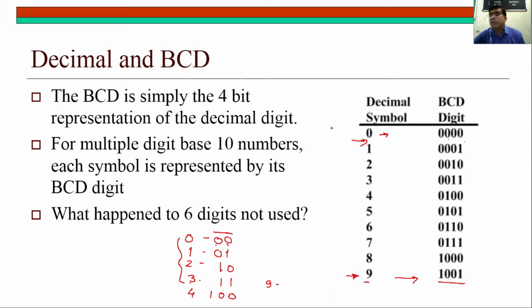All these decimal numbers are represented with the help of binary numbers. Right? 0 is this, 1 is this, 2 is this, 3 is this. For every decimal number there exists a corresponding binary number. Or I can say I have coded these decimal numbers into binary.